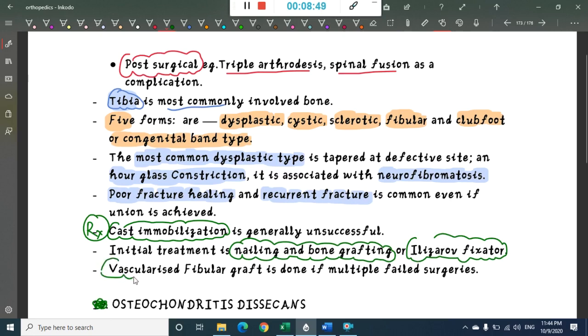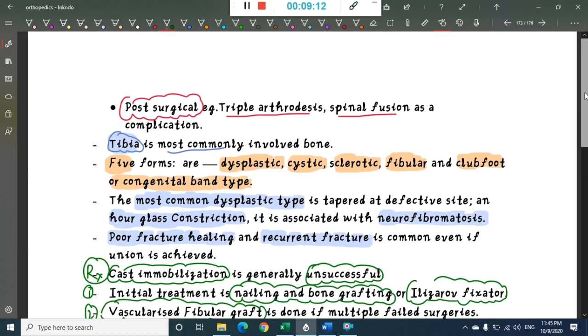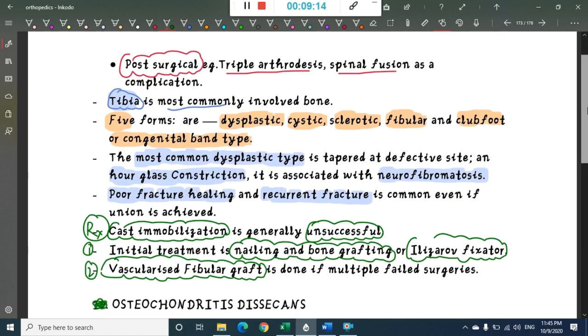Because it is a non-union, a vascularized fibular graft can also be used. So initially you will have to do nailing and bone grafting, or Ilizarov fixation, and if there are multiple failed surgeries, then you can do a vascularized fibular graft. Okay, so this is about pseudoarthrosis.